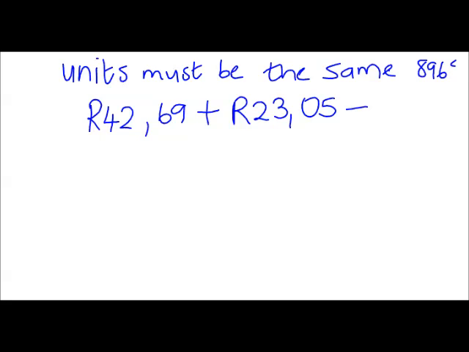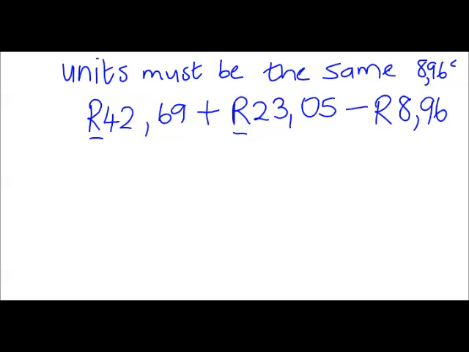Those two are in rands, so I'm going to change it to rands. How many cents in a rand? 100. So I divide by 100 and I would get 8 rand 96.